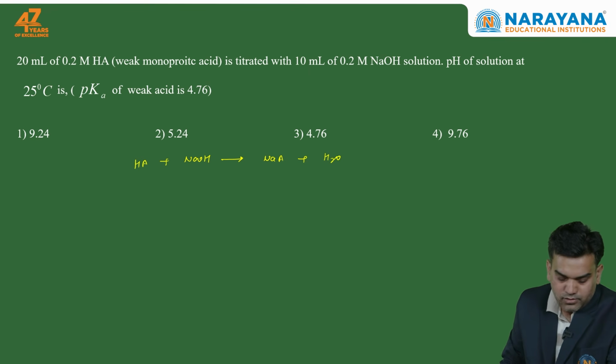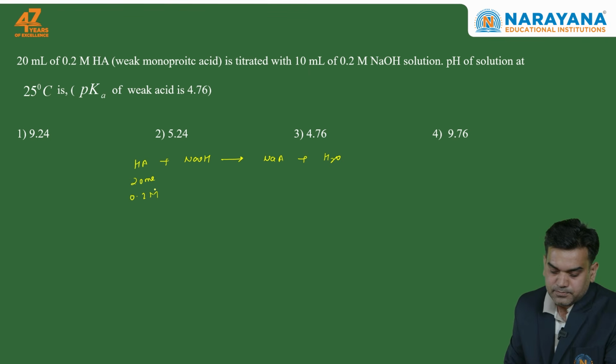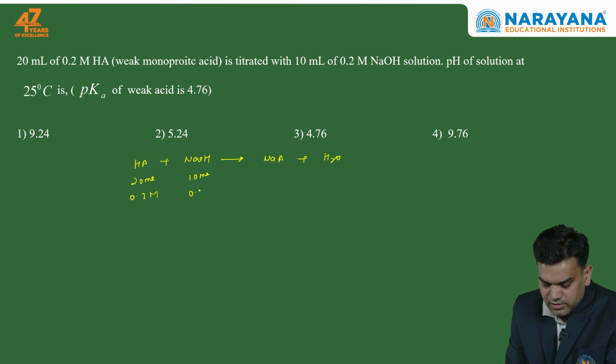The volume of HA given is 20 ml, and the concentration of HA is 0.2 molar. It is a monoprotic acid, so the n factor of HA will be 1. For NaOH, the volume is 10 ml, and its concentration is also 0.2 molar.